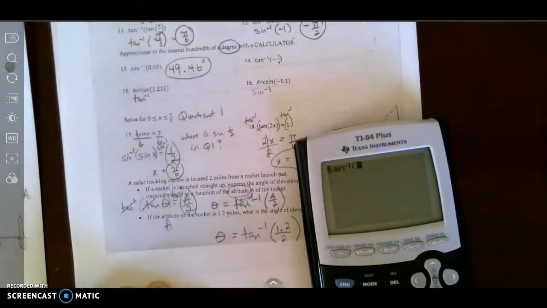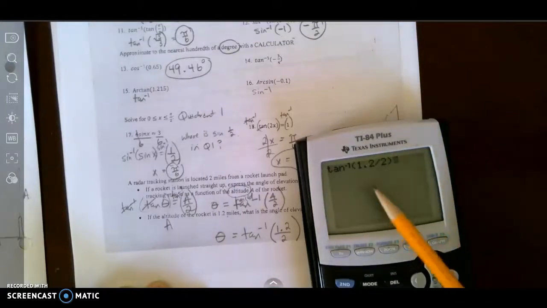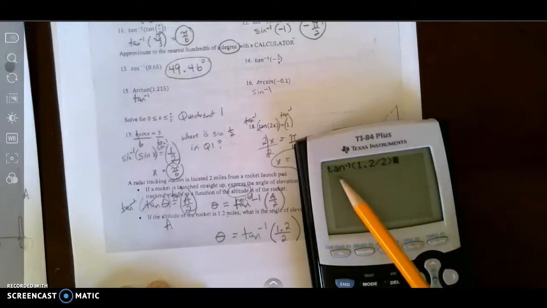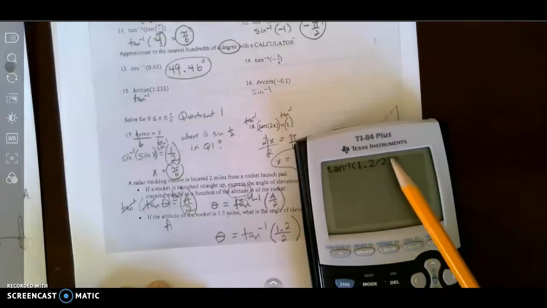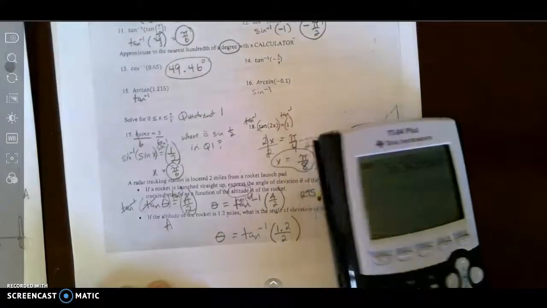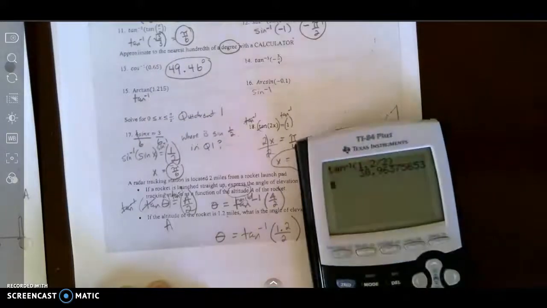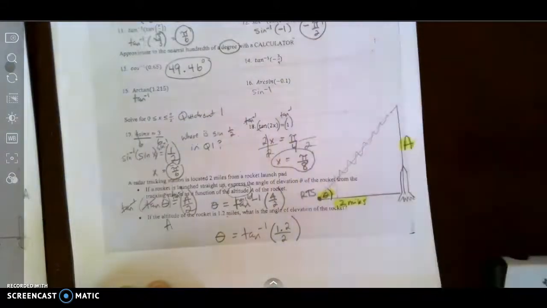Inverse tangent of 1.2 divided by 2. We do need to end the parentheses to show that I'm taking the inverse tangent of this, not the inverse tangent of 1.2, and then dividing that answer by 2. So make sure you end that parenthesis. And I get, does it say what to round to? It doesn't. 30.96, I guess I'll say.